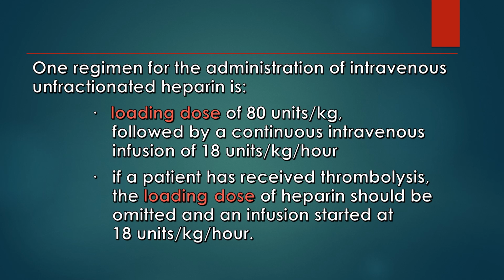One regimen for the administration of intravenous unfractionated heparin is a loading dose of 80 units per kilogram, followed by a continuous intravenous infusion of 18 units per kilogram per hour. If a patient has received thrombolysis, the loading dose of heparin should be omitted and an infusion started at 18 units per kilogram per hour.